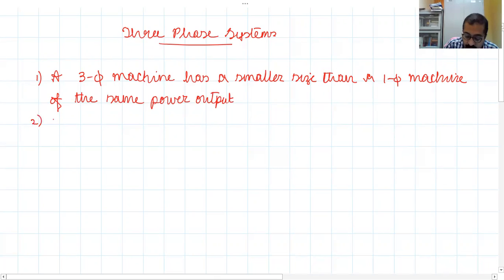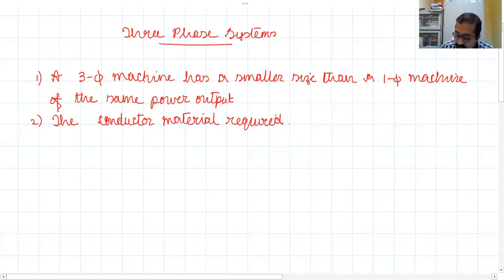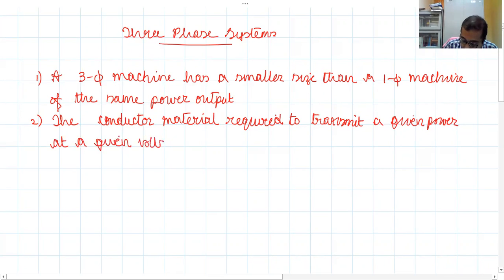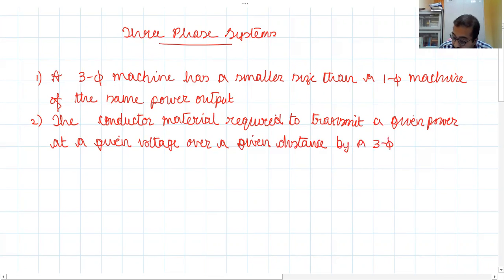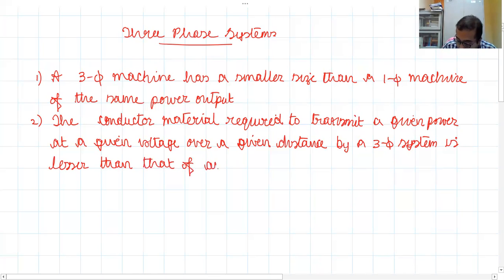Two, the conductor material required to transmit a given power at a given voltage over a given distance by a three-phase system is lesser than that of an equivalent single phase system.